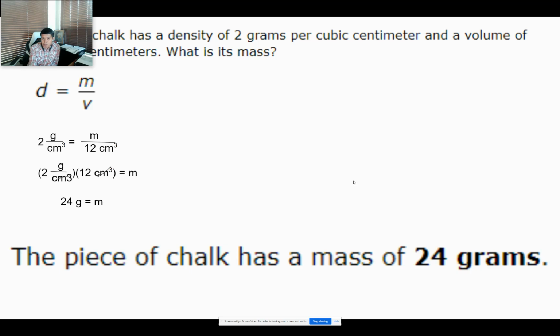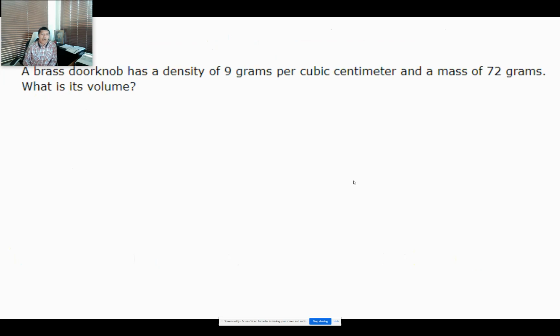We have another word problem, and this is not about how to solve mass. This is about finding the volume. A brass doorknob has a density of 9 grams per cubic centimeter and a mass of 72 grams. What is its volume? So we will use the density formula.